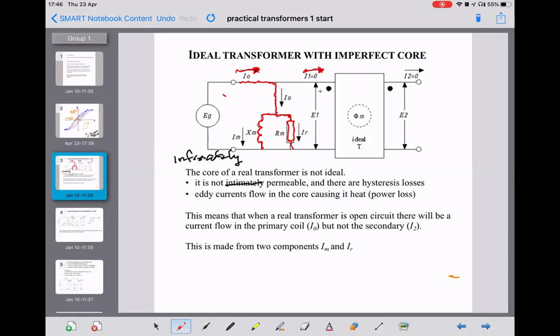That would give us, because it's a resistor, current and voltage in phase, that will give us watts of power loss due to heating.